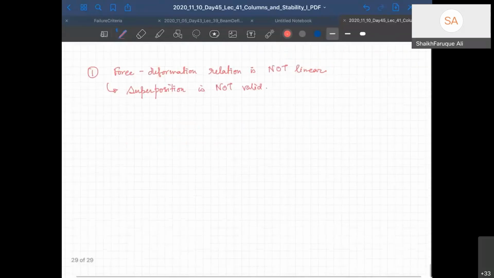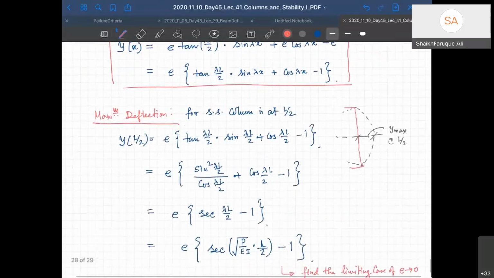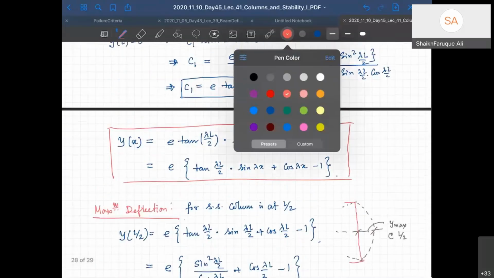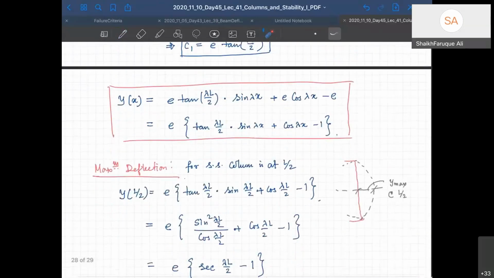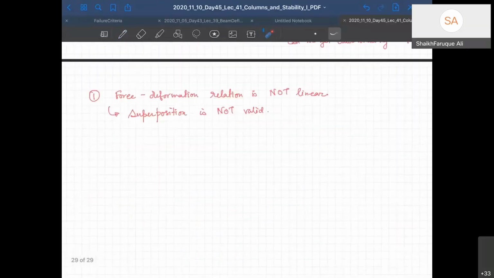Very important discussion here, because this is a non-linear relationship. You can see this is a non-linear relationship, it's not a linear relationship, and therefore we cannot use the superposition principle here.